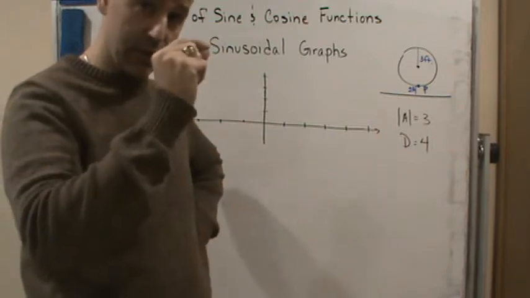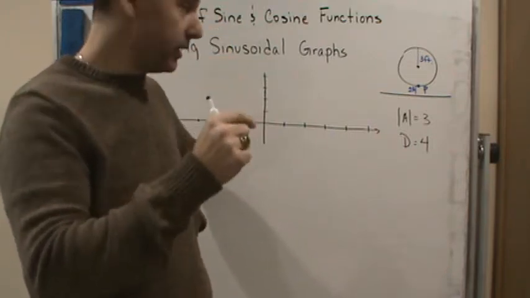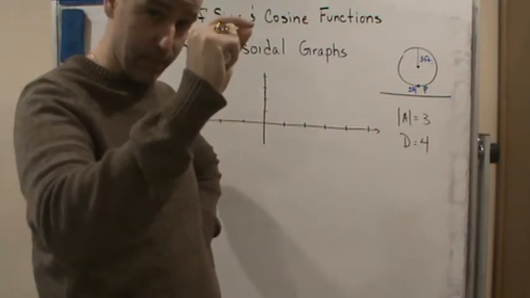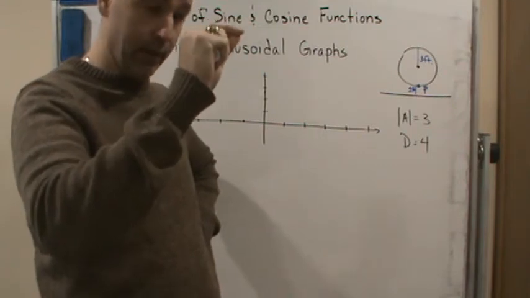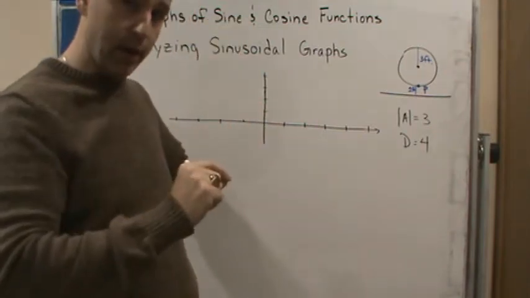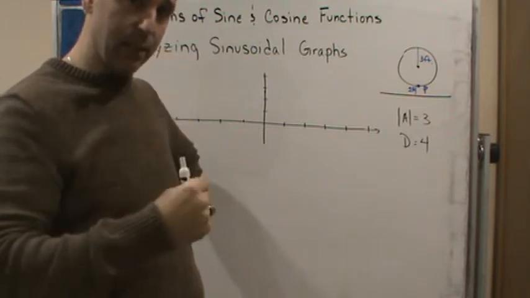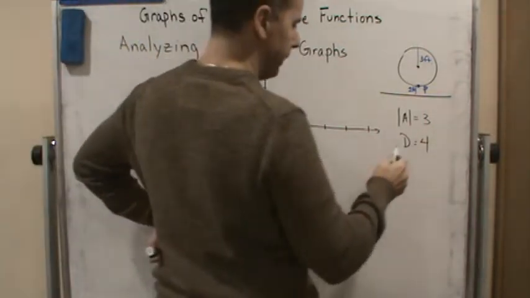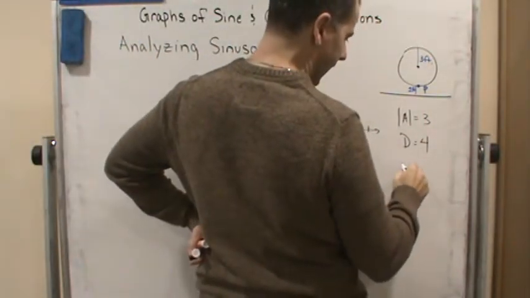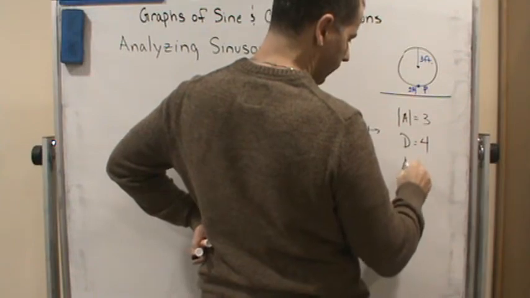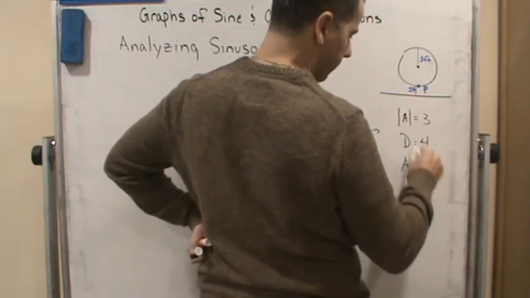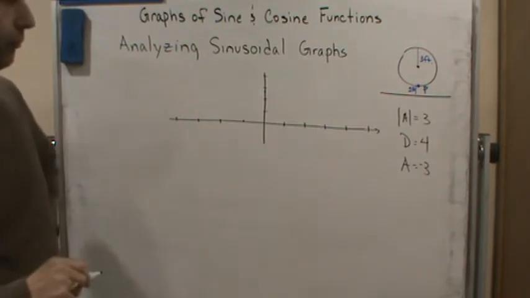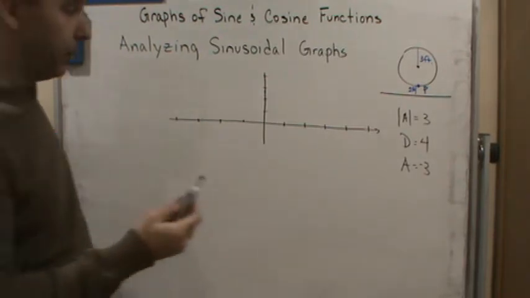Now the normal cosine theta starts at the maximum point. This is starting at the minimum point. So that means this is going to be inverted. So that means my A is going to be -3. And I'm going to be using cosine.